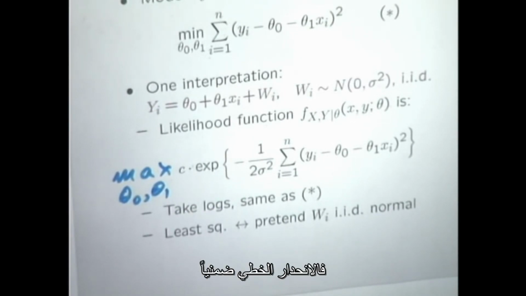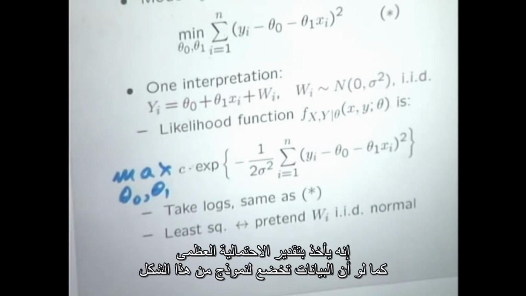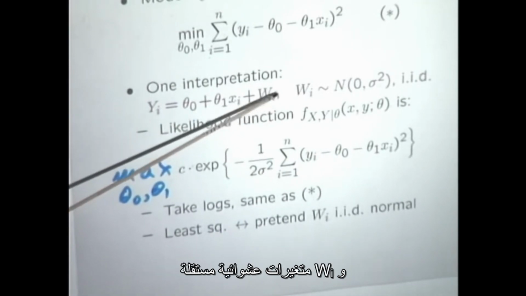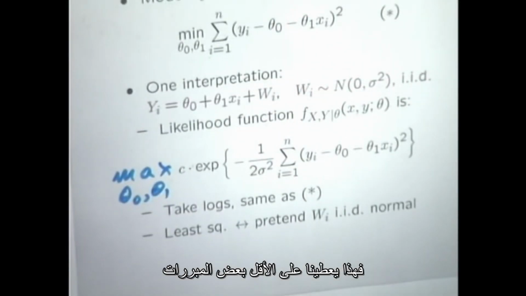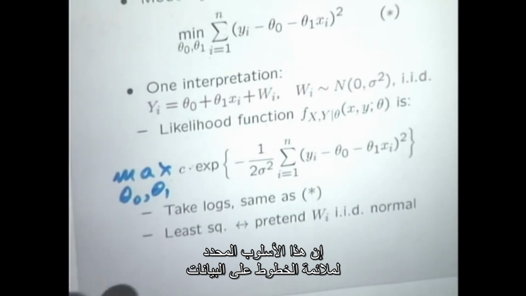So linear regression implicitly makes an assumption of this kind. It's doing maximum likelihood estimation as if the world was really described by a model of this form, with the w's being random variables. So this gives us at least some justification that this particular approach to fitting lines to data is not so arbitrary, but has a sound footing.